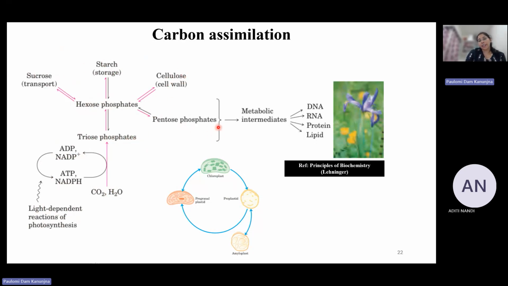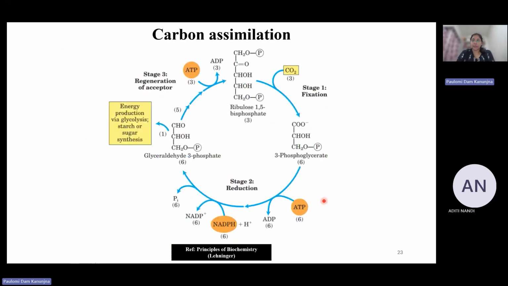Also, you have pentose phosphates, which are 5 carbon, which give you the metabolic intermediates, and also the DNA and RNA building blocks of cells, right? So you have every compound that is required in a living organism coming from this fixation of carbon dioxide. We are now going to look into how all this is taking place.